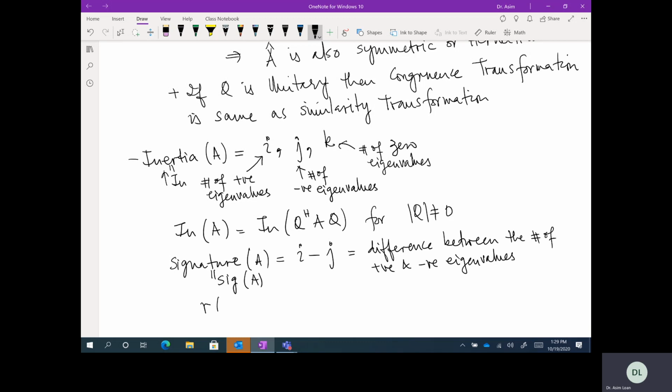And then you have the rank of A. What is the rank? Rank is simply I plus J, the sum of the positive and negative counts. This is the number of non-zero eigenvalues.